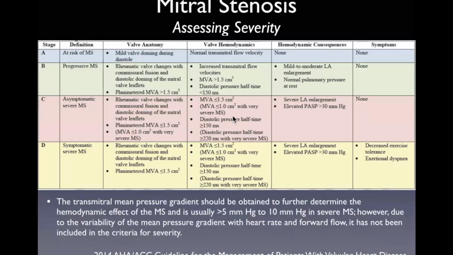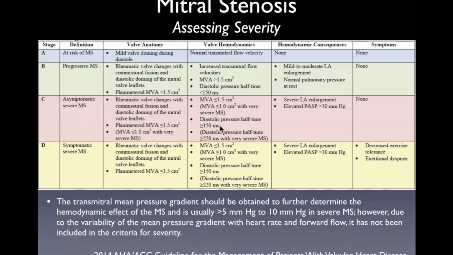So now the guidelines focus on valve area less than 1.5, and then very severe less than 1. They also have the pressure half times, but the pressure half times correlate with the valve areas. For asymptomatic or symptomatic severe mitral stenosis, it's a valve area of 1.5 or less, and less than 1 is very severe.